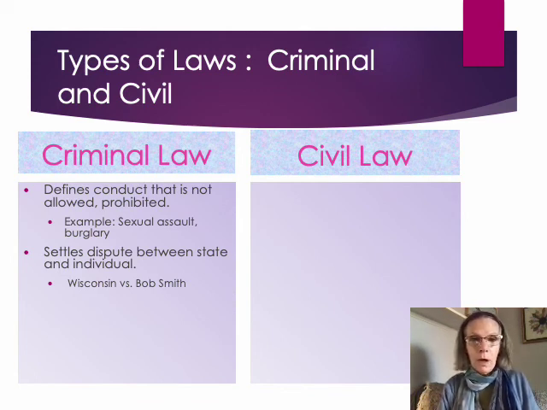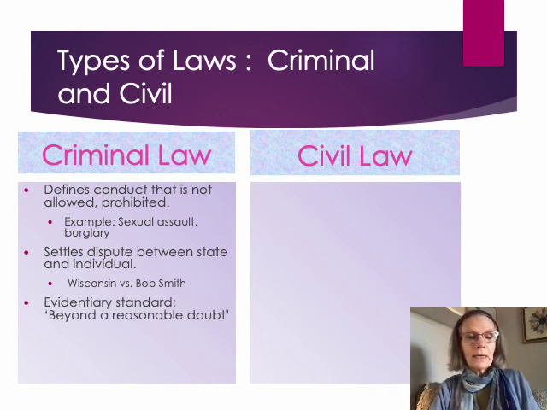They would say, no, I didn't commit this crime. You got the wrong guy, right? Or what I did was actually not sexual assault as it's defined, right? And so it's the courts that settle that dispute. The court decides, is this person guilty of a crime or are they not guilty of a crime?